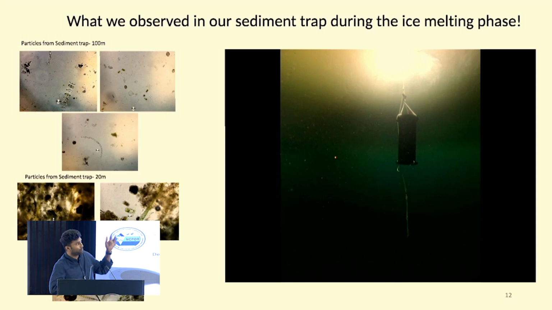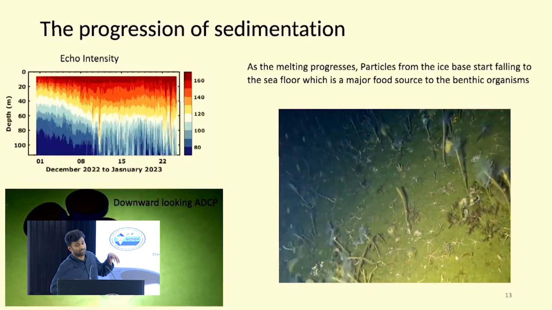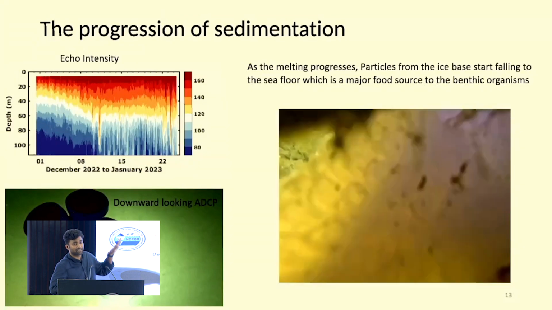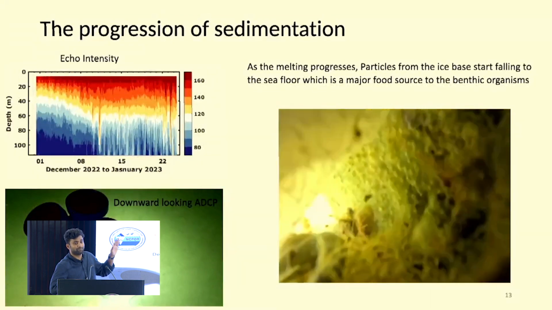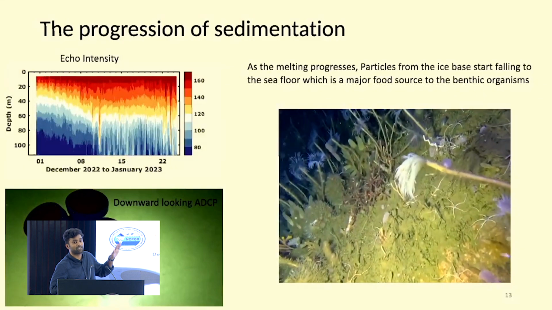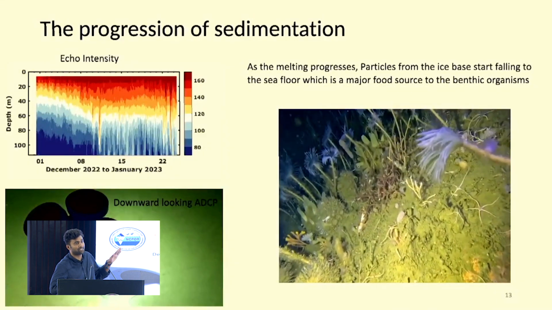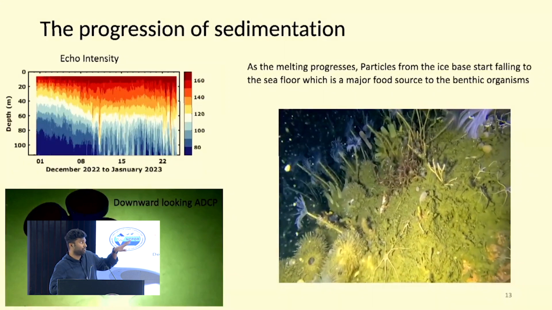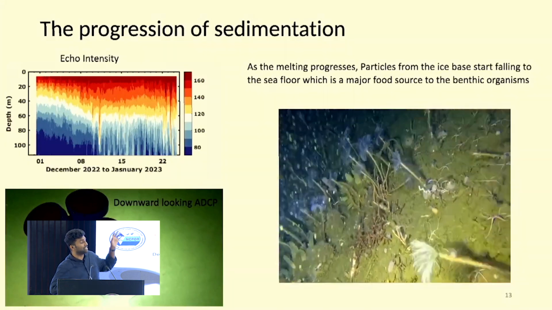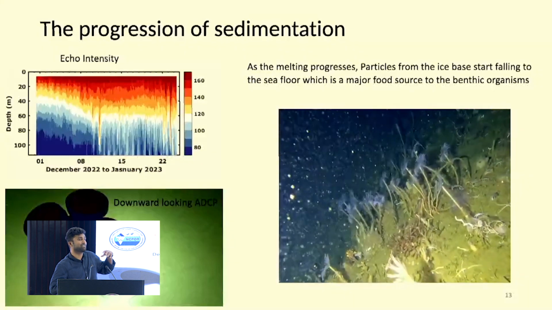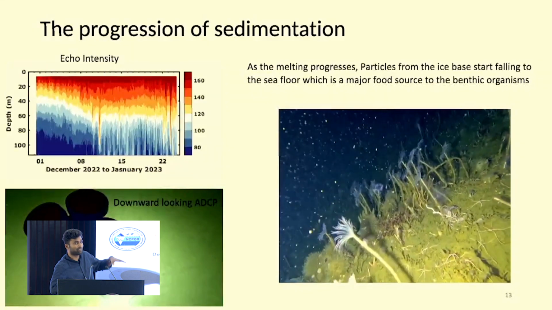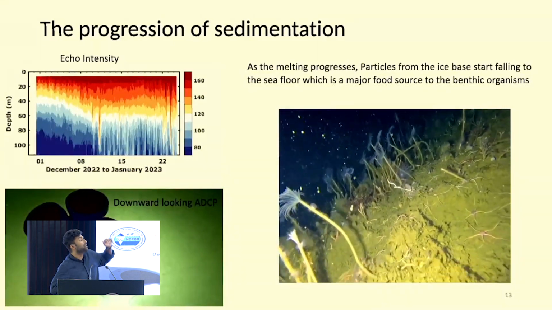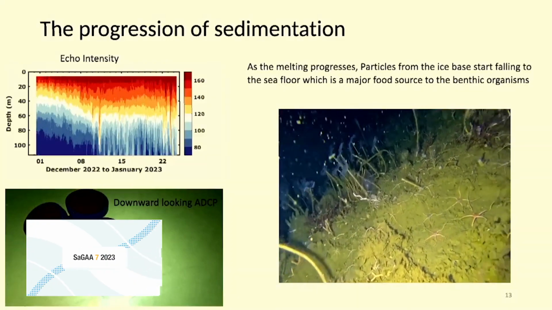Now the progression of sedimentation, how it progresses. The video shows the benthic activity, how the benthos is working, and you see it is thriving. A lot of activity is happening at the bottom. The figure shows the echo intensity from a downward looking ADCP. What we did is we made a hole in the sea ice and lowered our ADCP, and it is hanging there measuring the echo intensity and ocean currents.